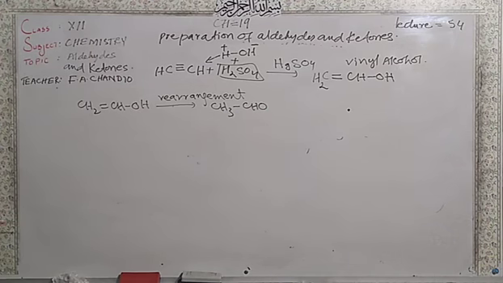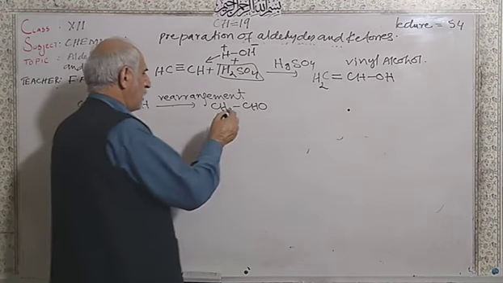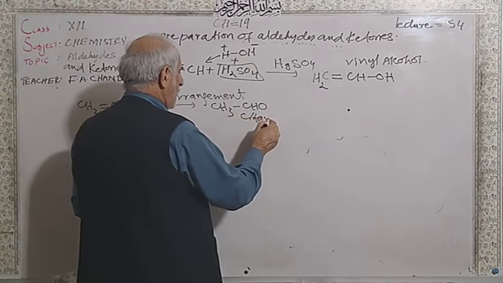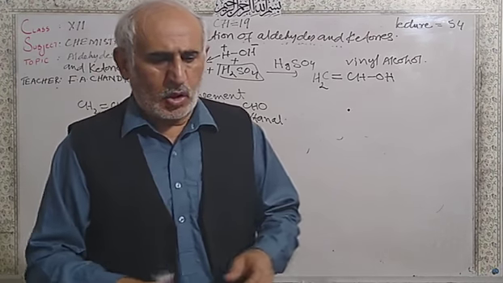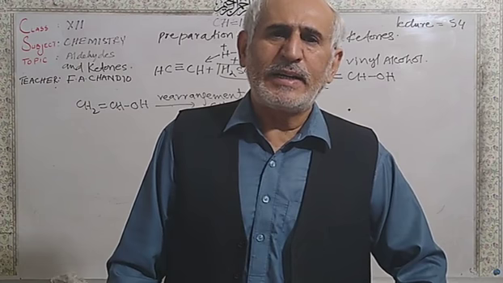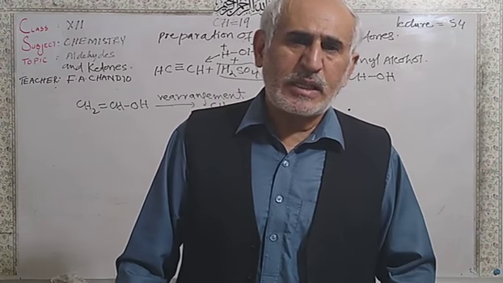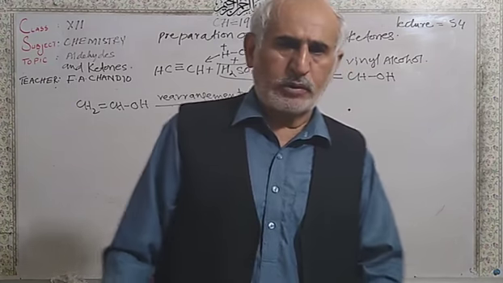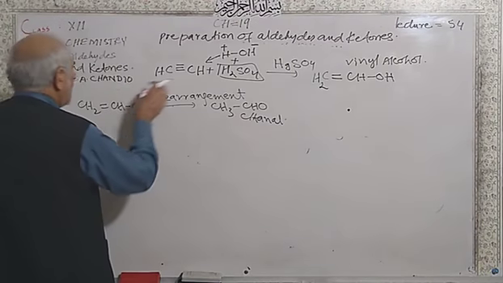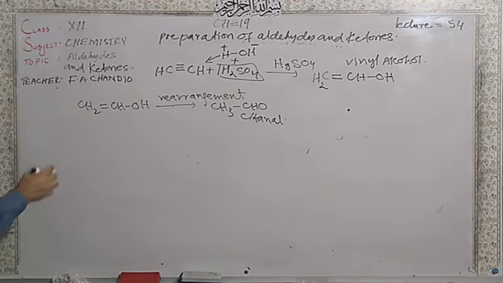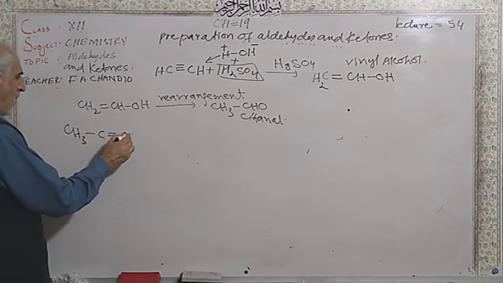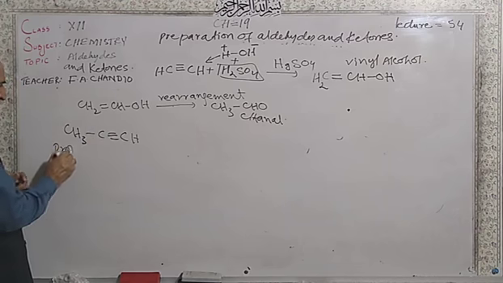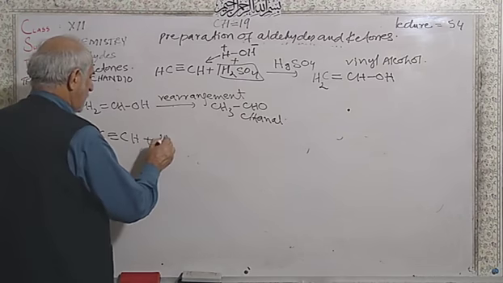Here it's an R. So this is ethanal. So only acetylene gives aldehydes. Other alkynes form ketones. Only ethyne or acetylene gives aldehydes. Other, this is a propyne. Same.